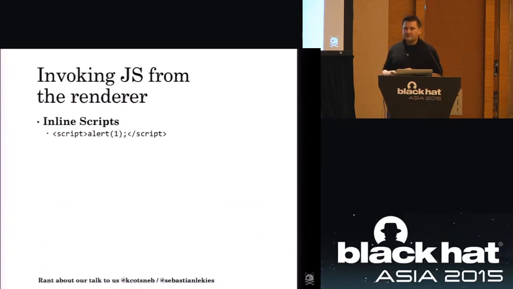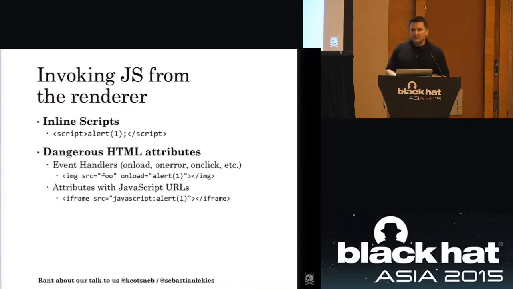And the first construct is very obvious, it's just inline scripts. So whenever the attacker inserts a script tag, the browser will invoke the JavaScript engine. The next construct is dangerous HTML attributes. So for example, the attacker could inject an event handler. We can see it here, we have an image, and we have an onload event, and when the image is loaded, this malicious JavaScript, which is just an alert box in this case, will be triggered by the browser.